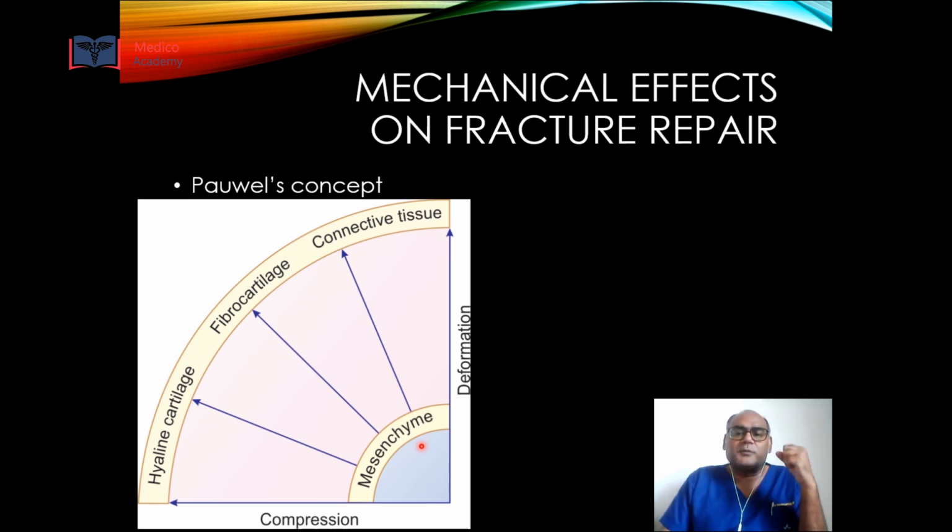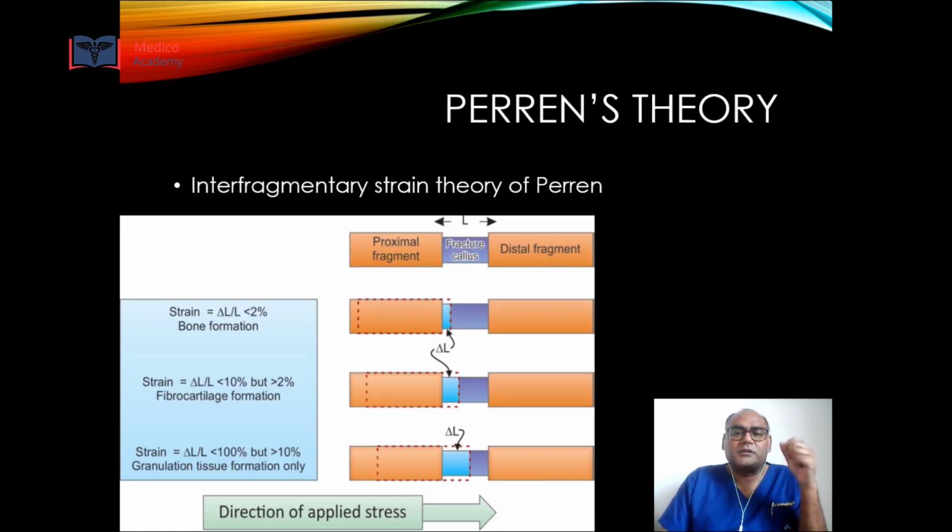This was again emphasized, and the whole complex situation was curtailed down to just the strain by Perren. He said that if there is a strain which is less than 2%, that means the change in length is less than 2% of the original length, then bone will form.